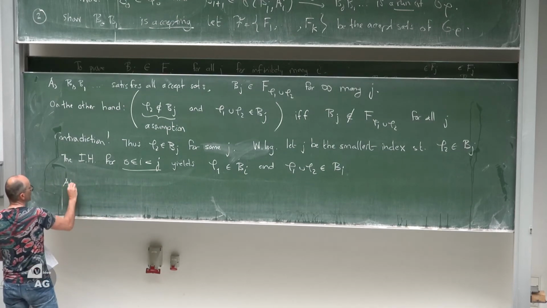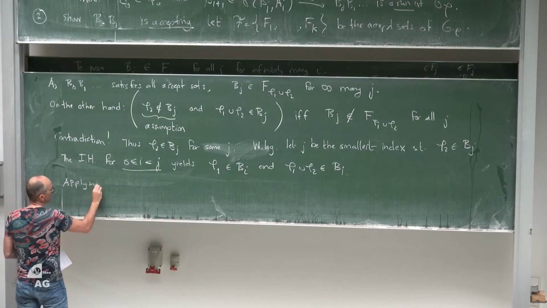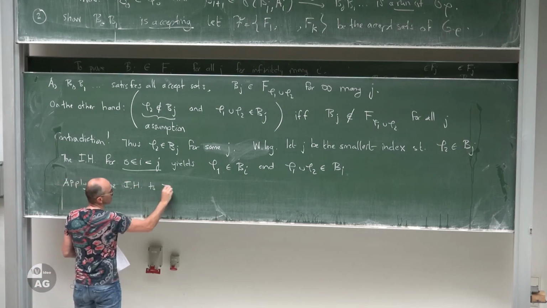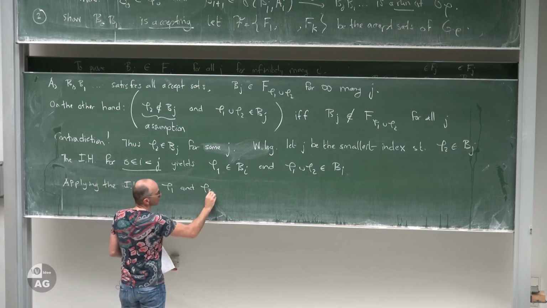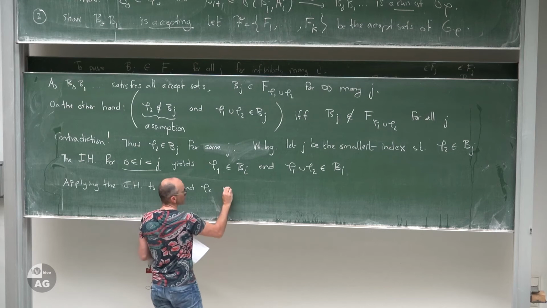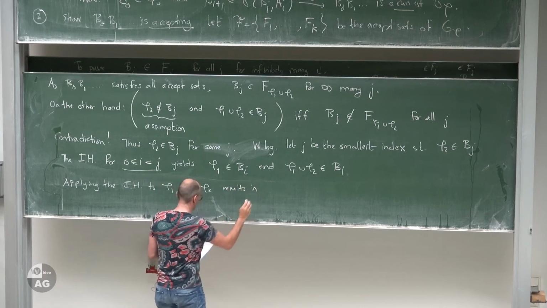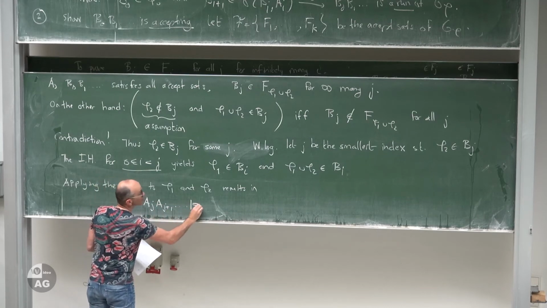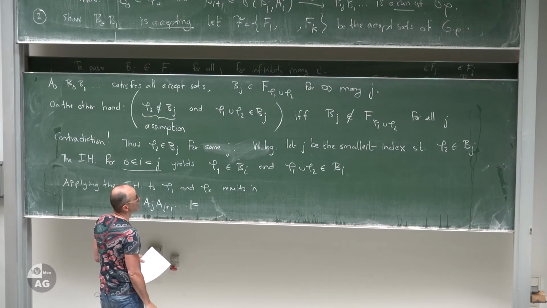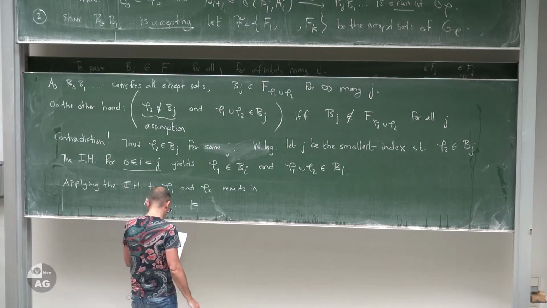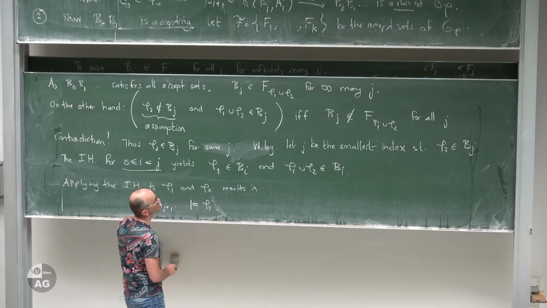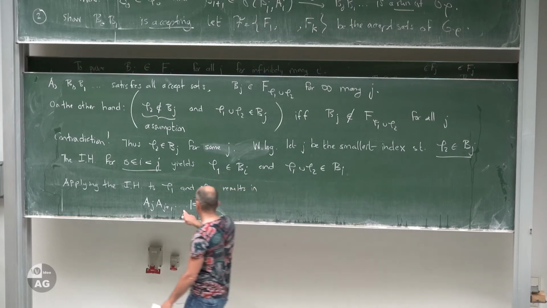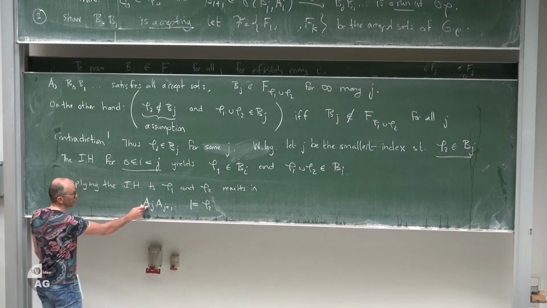Now applying the induction hypothesis results in aj plus 1 satisfying phi2. Yeah, because we have phi2 in Bj. So from that, applying the induction hypothesis to that, we get this.